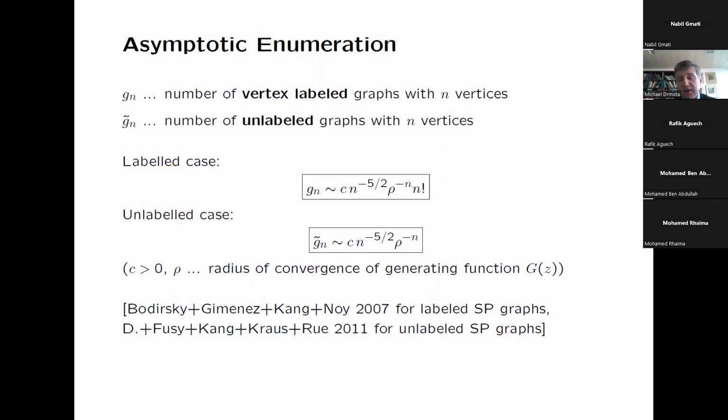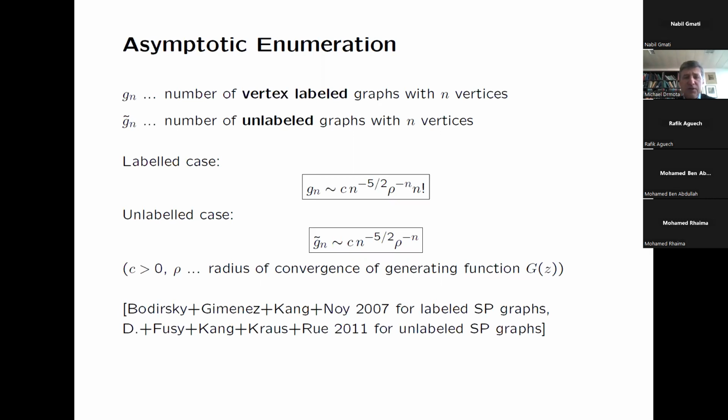And in all these graph classes that I have mentioned, you can consider, of course, the labeled version or the unlabeled version. And the first exercise is to count the number of different graphs that you have if you fix the number of vertices, that we call the size of the graph.